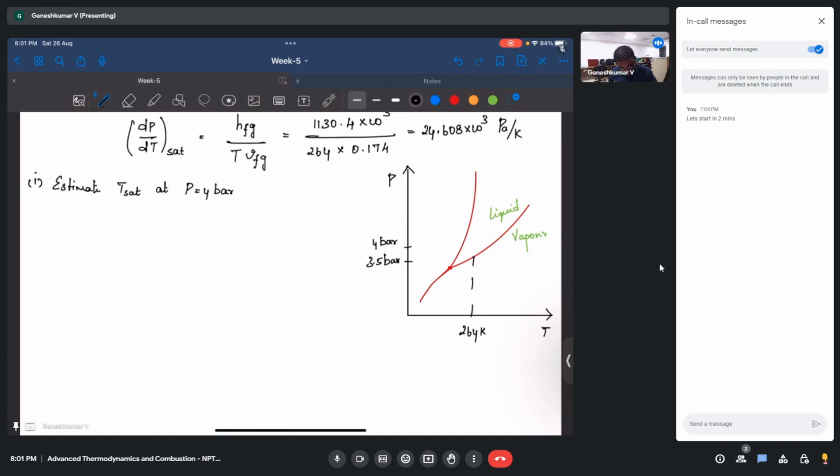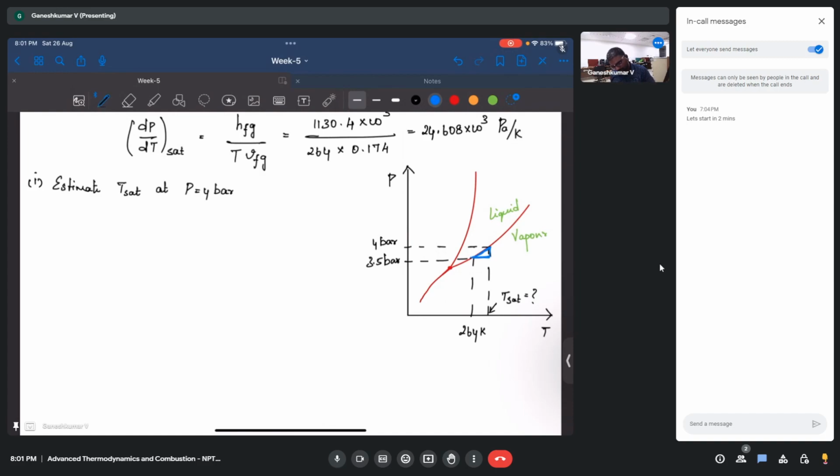If I increase to 4 bar, what is going to be my corresponding Tsat? That's what they are asking. So that's why we found this dP/dT sat, because using the slope we can find the saturation temperature.